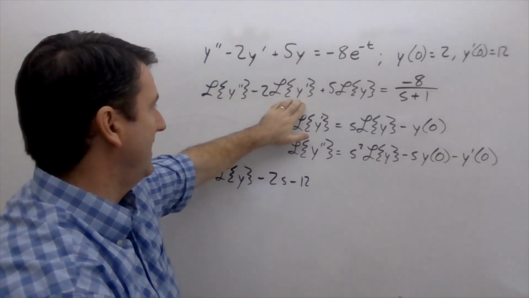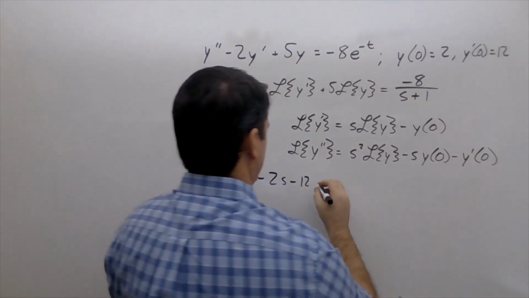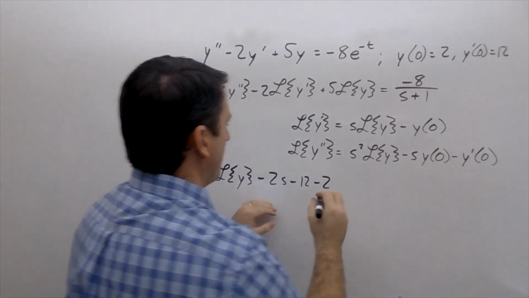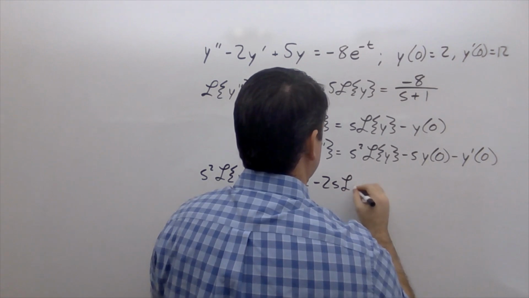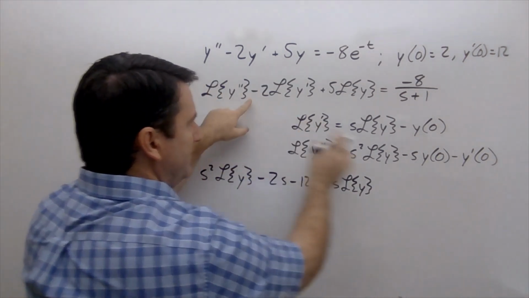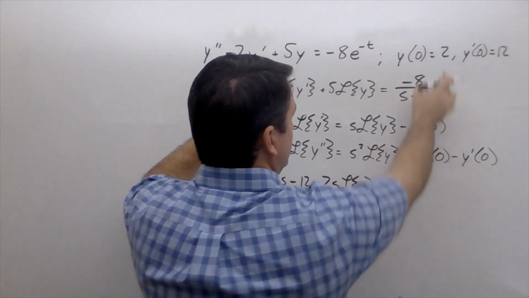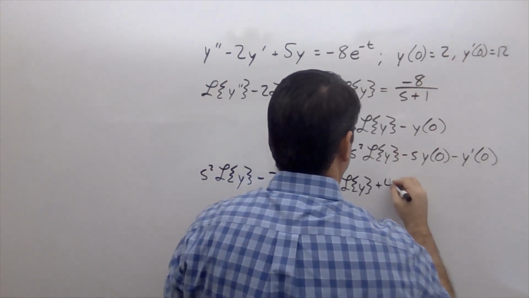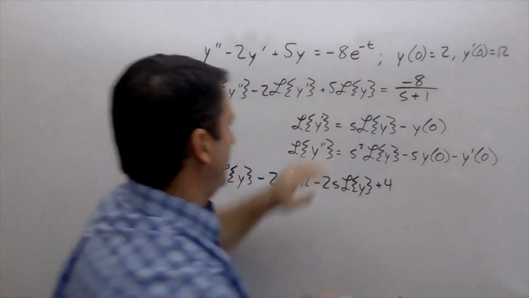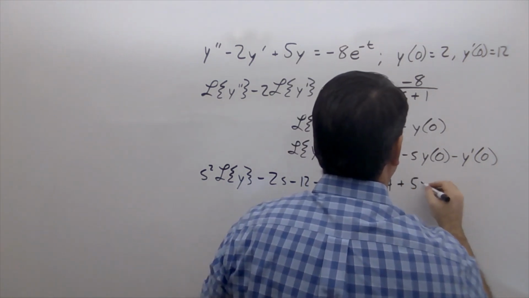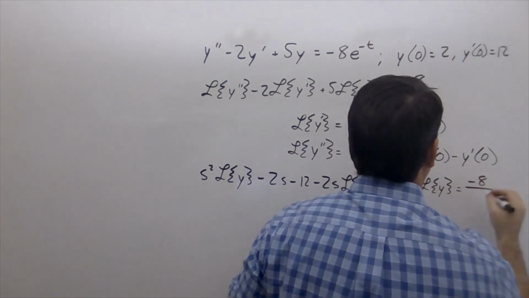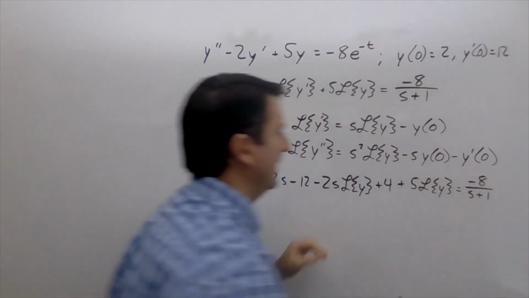Now -2 times the Laplace transform of the derivative, so we get -2s times the Laplace transform of y. And then -2 times, this is going to be -2, so it's going to be plus 4 when we distribute that -2. And then plus 5 times the Laplace transform of y is equal to -8 over s plus 1.